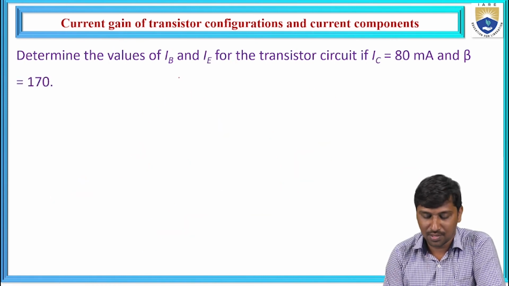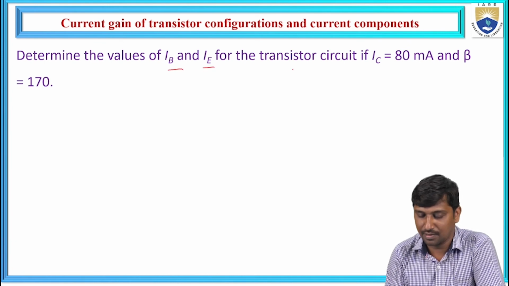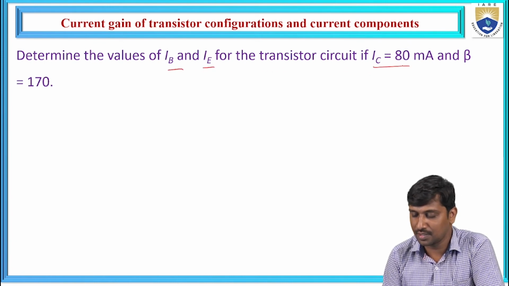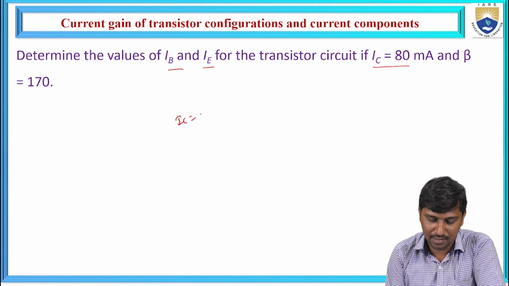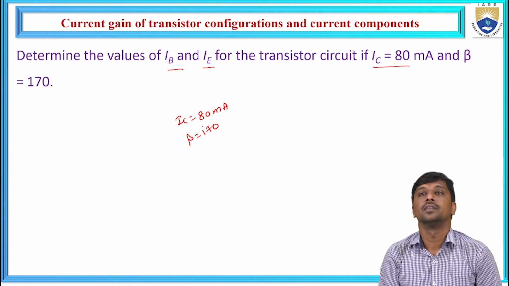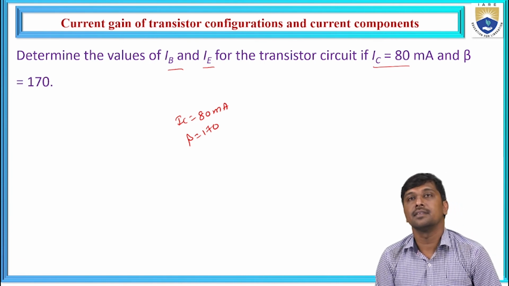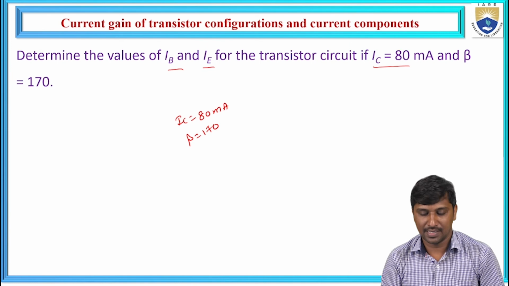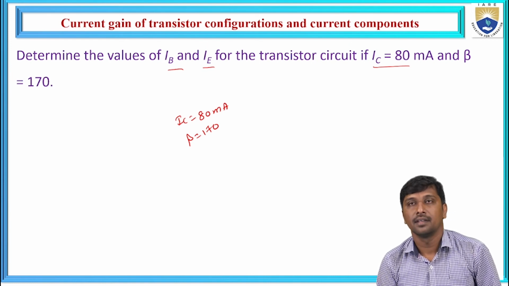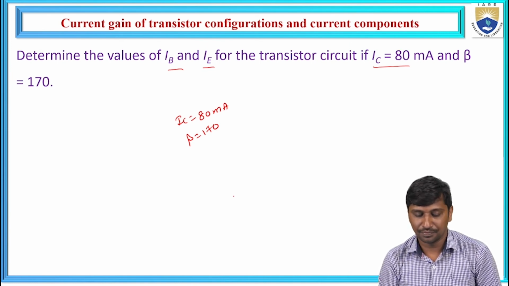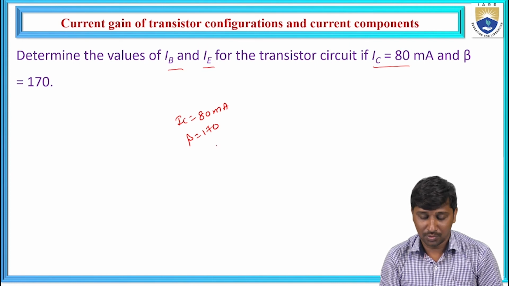Now determine the values of IB and IE for the transistor circuit if IC is 80 milliamperes and the beta is 170. For this case, we need to find the base current and emitter current.